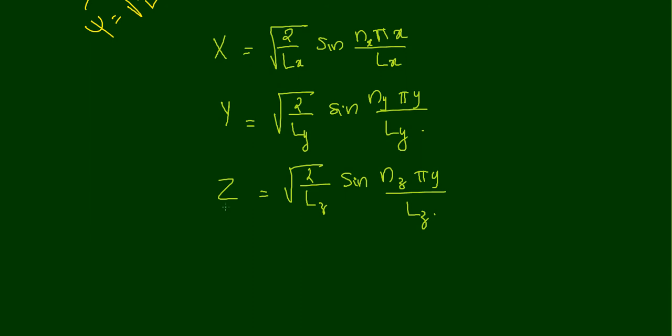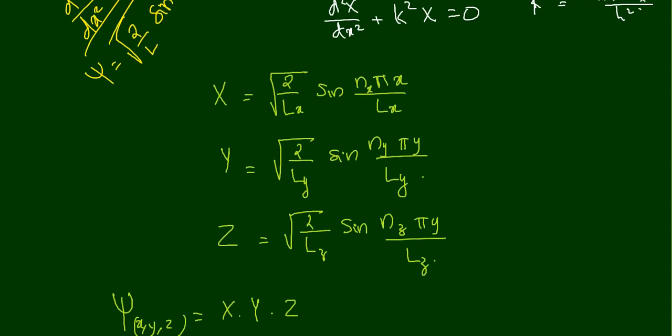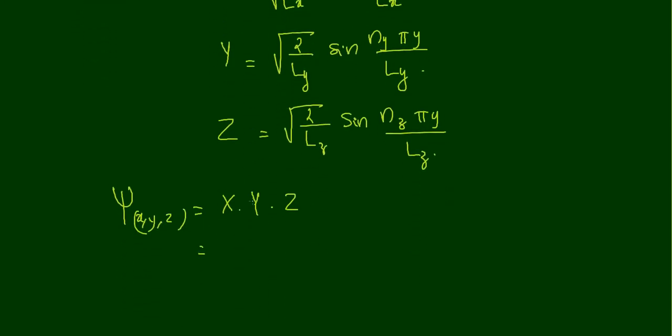So what will be the total wave function? The total wave function psi x, y, z is a product of X, Y and Z. That is psi x, y, z is equal to root of 2 by Lx into root of 2 by Ly into root of 2 by Lz. What is that? Root of 8 divided by Lx Ly Lz, right?